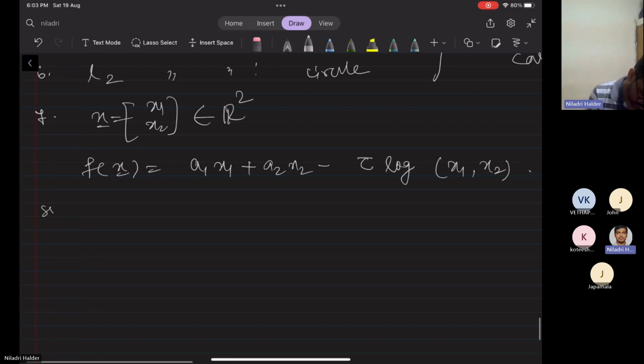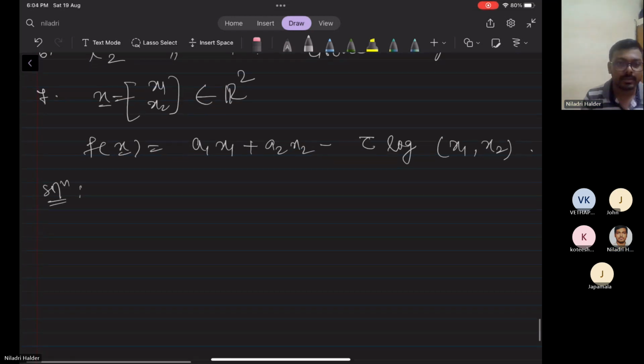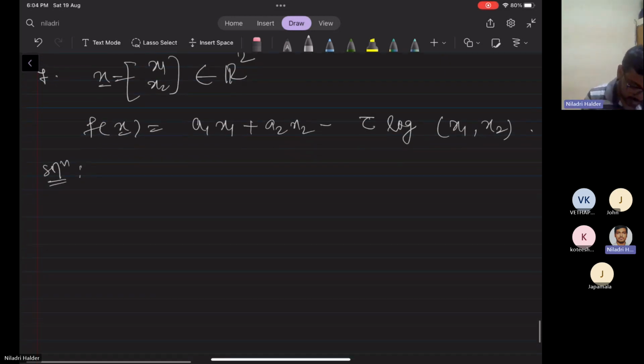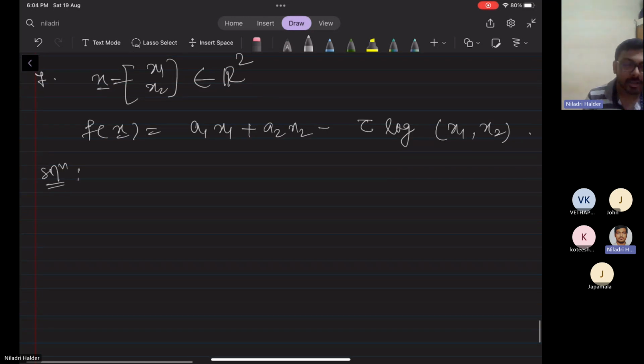The solution is this. Yes, the criterion to check convexity for the vector case is using the Hessian. So this is a vector case, so we need to apply the Hessian concept. But if x is a scalar, then we can apply the double derivative concept.